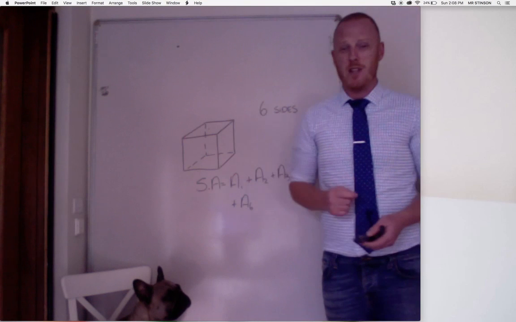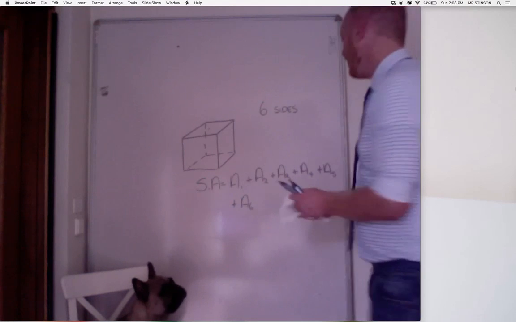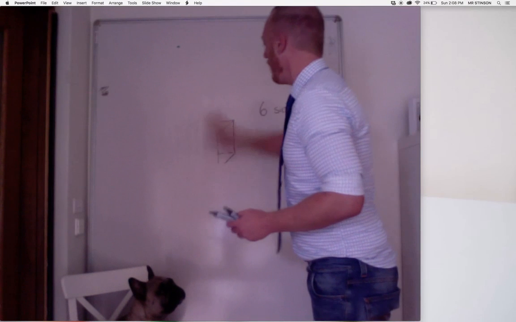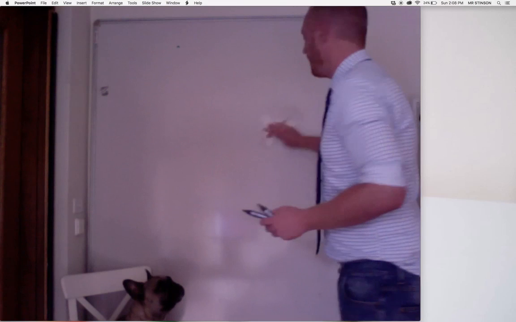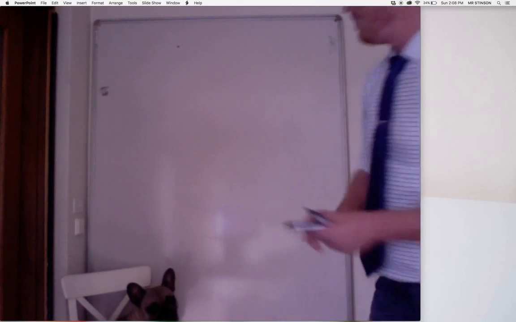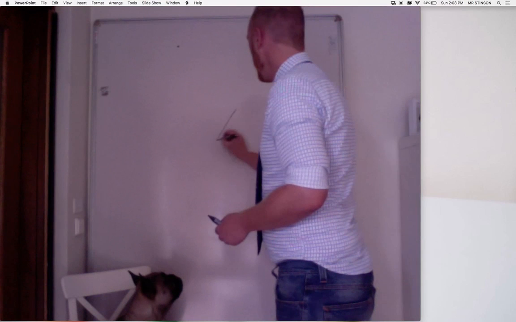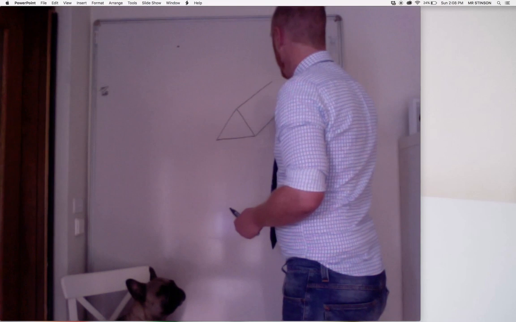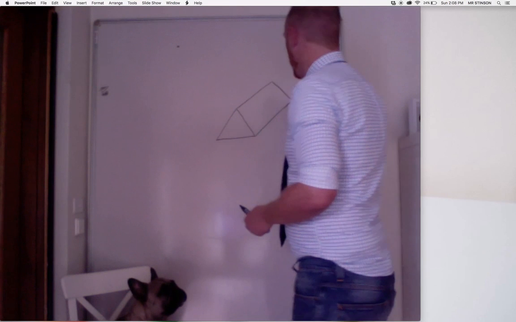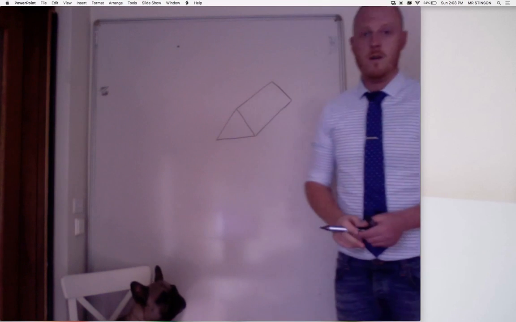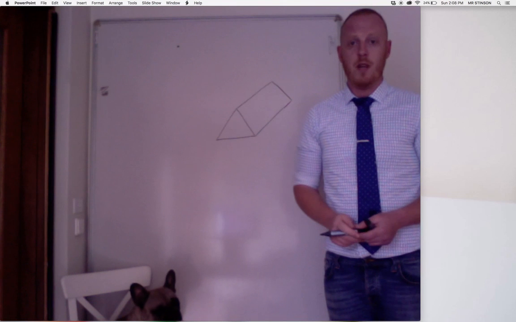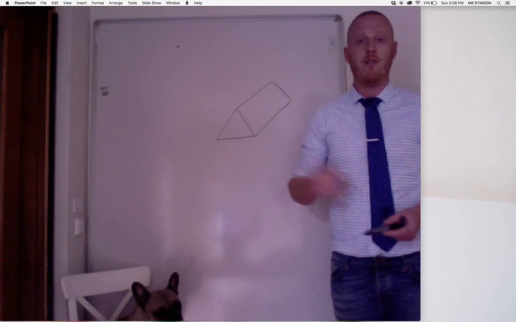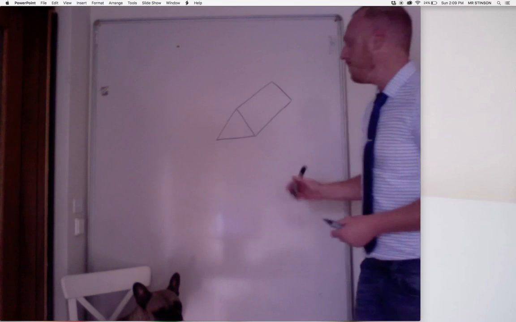Let's look at a different example quickly. What if we had a triangular prism? A triangular prism has a triangle face. Our first job would be to locate how many sides are on this prism, because it's different to a cube. Let's have a look.